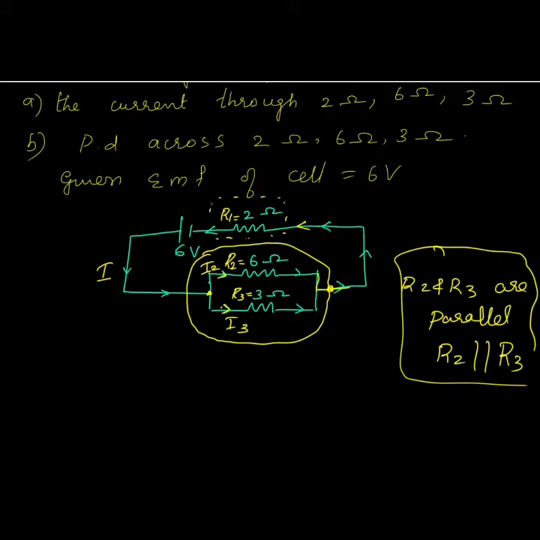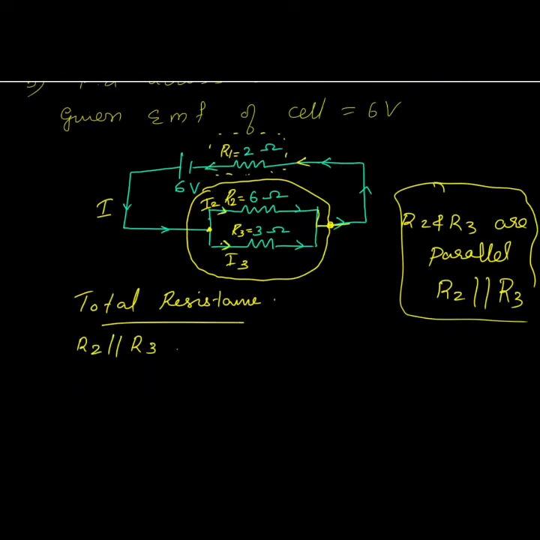Okay, so first we will find out the total resistance. So for finding the total resistance, first we will take the ones which are in parallel. So you can write here R2 is parallel to R3. So you can have the effective resistance in that small network. You can write the total resistance RP: 1 by RP is equal to 1 by R2 plus 1 by R3.